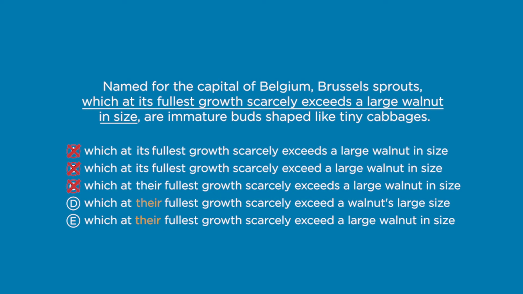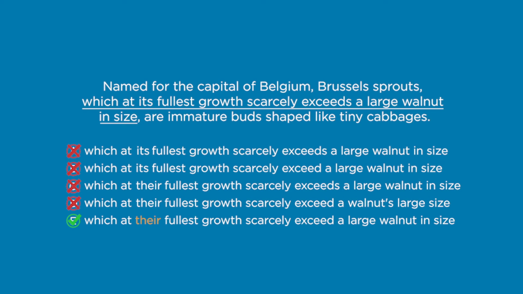The answer has to be E, because in D the sentence is comparing Brussels sprouts with the walnut's large size, not the walnut itself. In answer E, the sentence is helping the reader to imagine how big Brussels sprouts tend to be by creating an image of a large walnut.